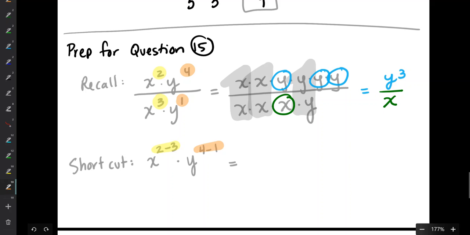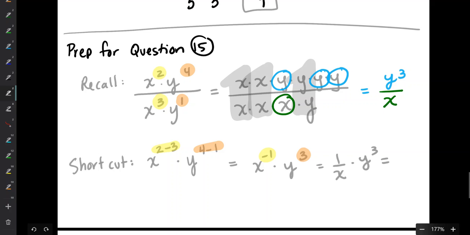Order matters in subtraction. I'm doing the numerator minus the denominator there. So we get x to the minus 1 times y cubed. x to the minus 1 is notation for the reciprocal of x.